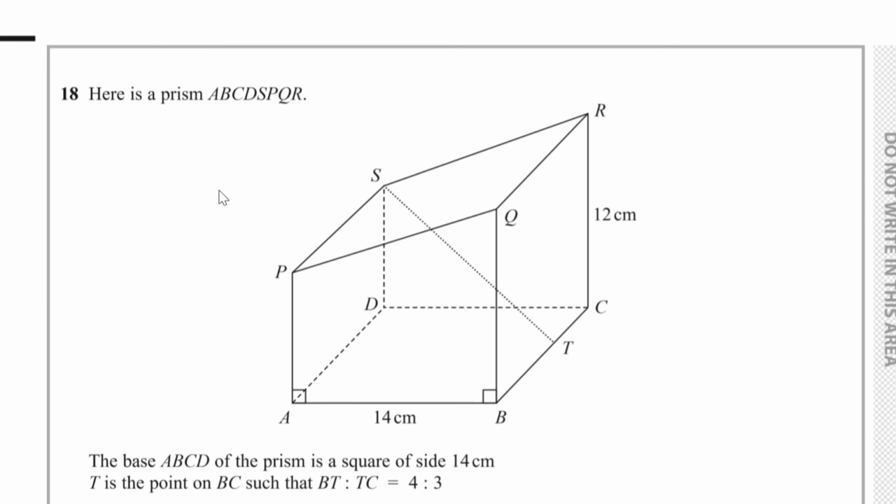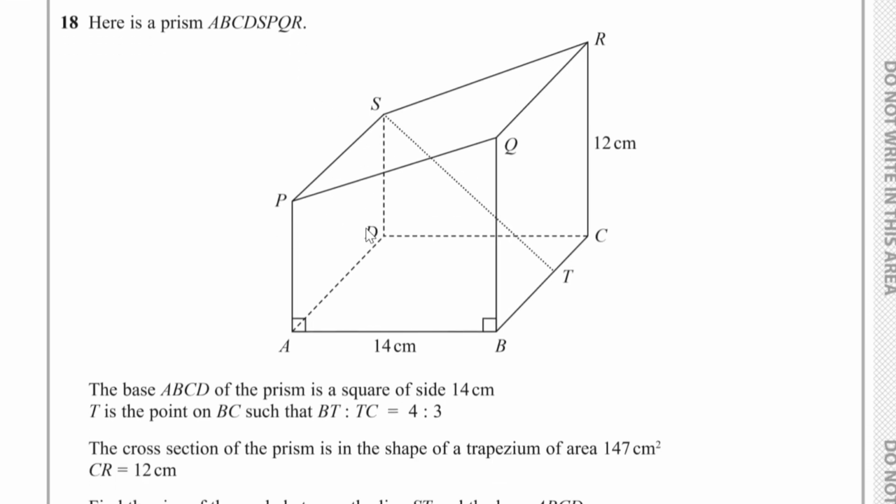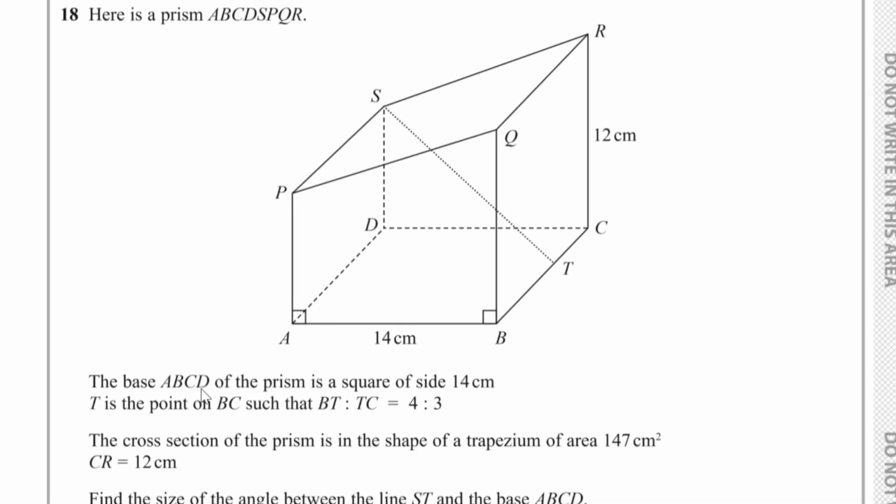Question number 18. Here is a prism ABCDSPQR. The base ABCD of the prism is a square of side 14 centimeters. T is the point on BC such that BT to TC is 4 to 3.